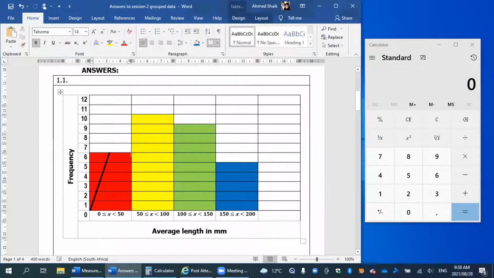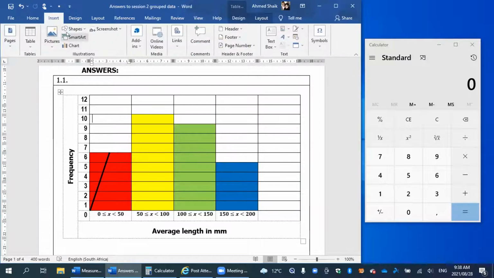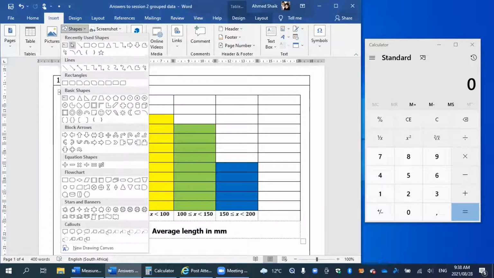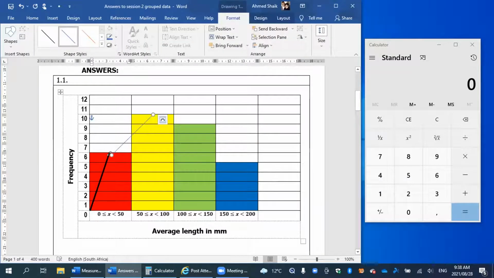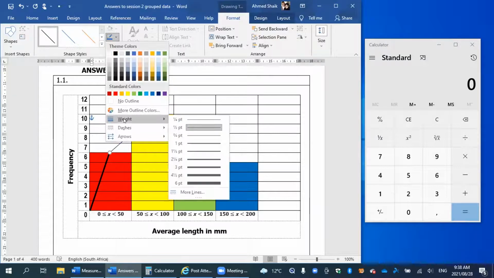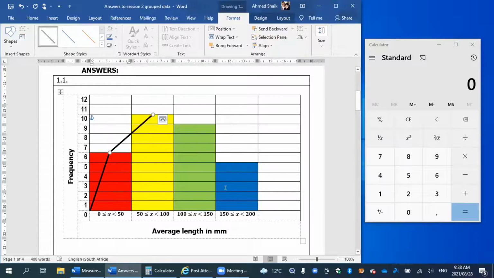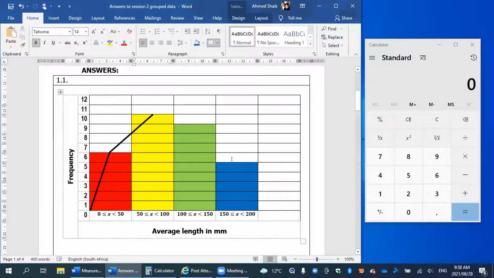Okay, let's do our next point. So we're going to insert a line again. It's going to be from the top, and we're going to join it to that line as well. Let's make it a little bit weightier. And that should be your second line in your frequency polygon.